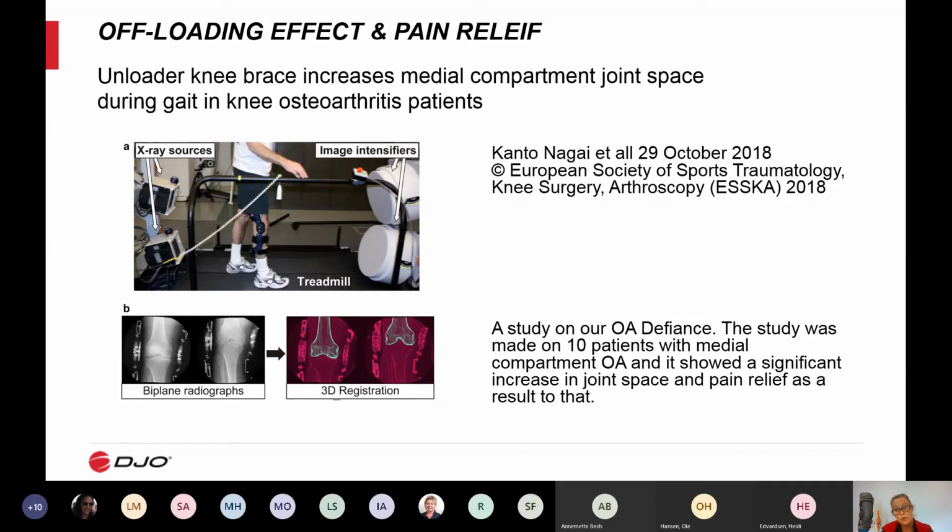And what this study showed was that the patients with medial compartment OA showed a significant increase in joint space and pain relief at the same time. So it's kind of a study that shows both the first and the second study.